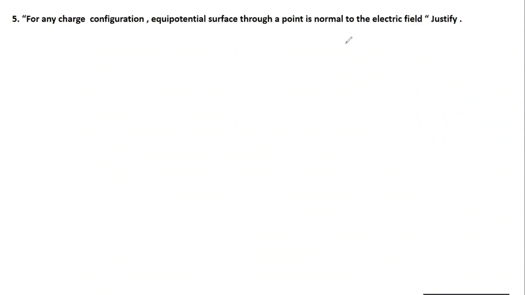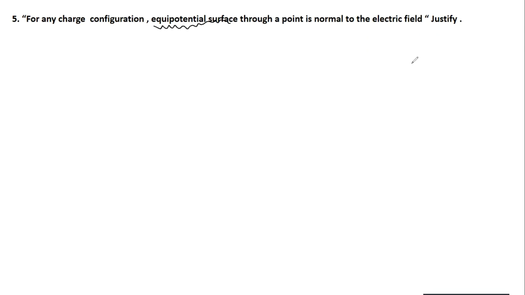So this is our next question. Here you have to justify a statement. The statement says that for any charge configuration, the equipotential surface through any point is normal to the electric field. First of all, let's recall what an equipotential surface is.